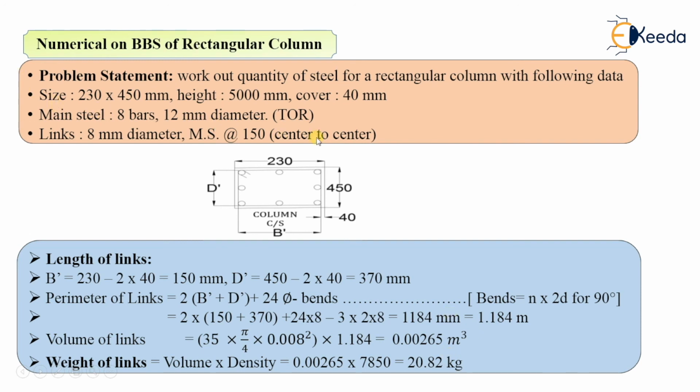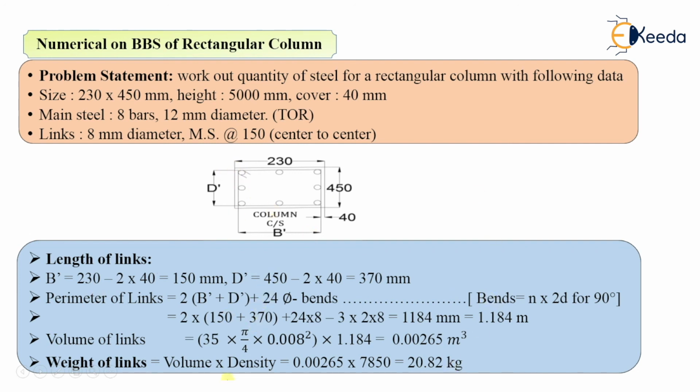So this was the video on BBS of rectangular column. You can even create a table for this BBS, but for explanation purposes I have given you the detailed steps of how the value came, how you can do the detailed calculations of these bar lengths and all numbers, how you can deduct the bend deductions, how you can take hook lengths.